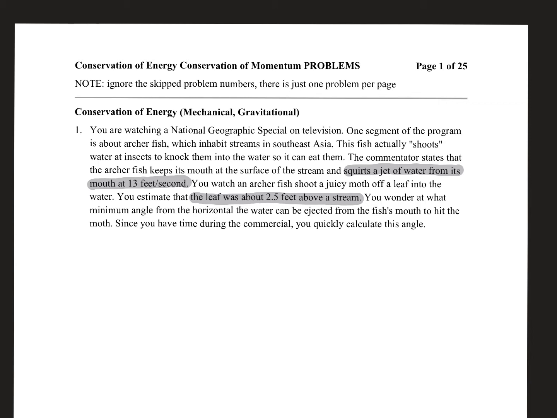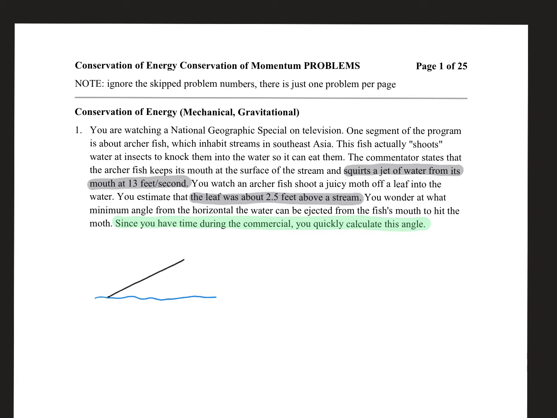So, because you are a devoted engineer and scientist, you decide that you're going to calculate the angle that it would shoot at, because it's obviously a conservation of energy problem. So let's give ourselves a little surface of the water business here.